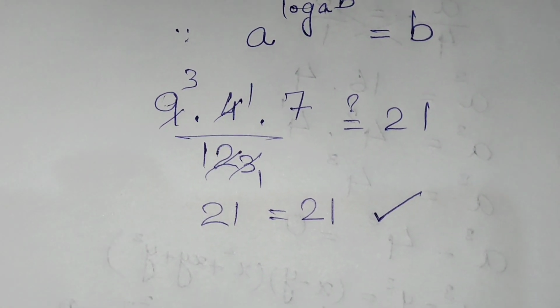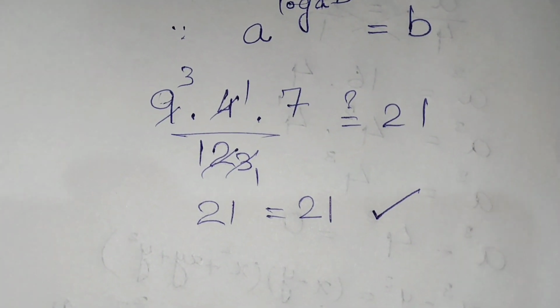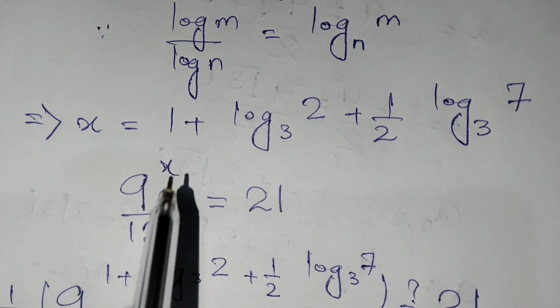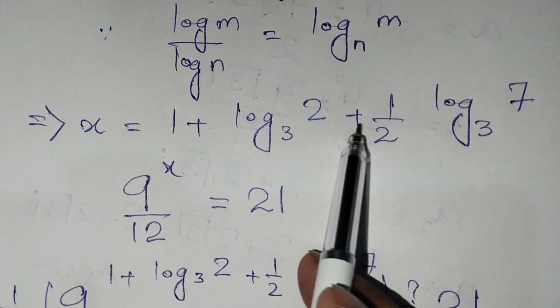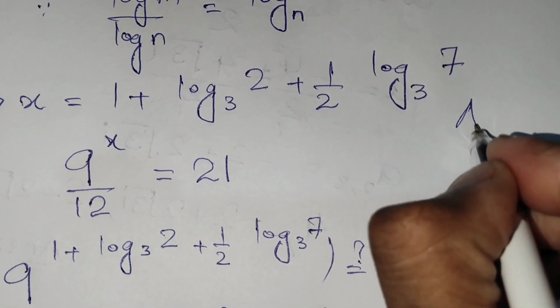This means the left hand side of the equation is equal to the right hand side of the equation, and our value of x equal to 1 plus log 2 with the base 3 plus 1 by 2 log of 7 with the base 3 is correct. This is the final answer.